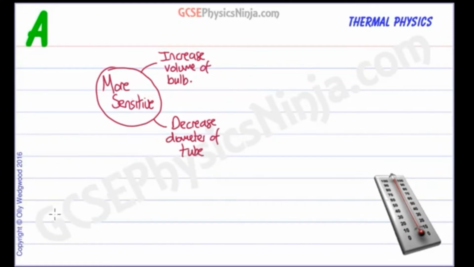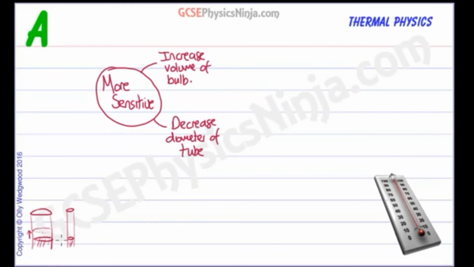If you have a thin tube compared to a much wider tube, then if that's our level of liquid there, and that's our level of liquid there, then for a certain temperature rise, let's say that our wide tube rises to that much.